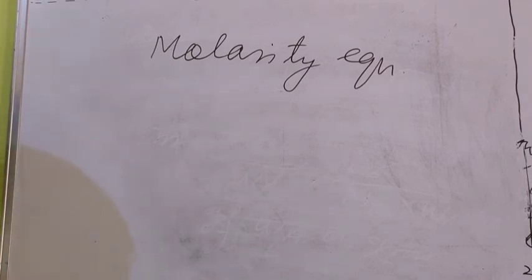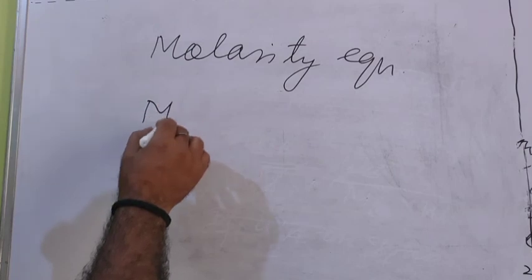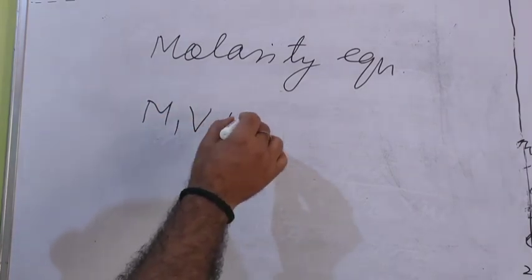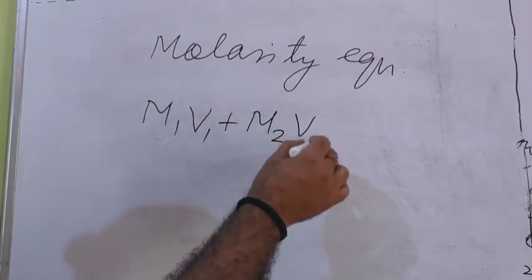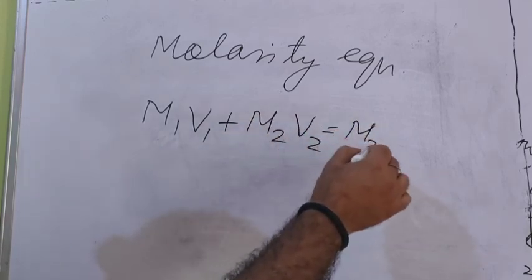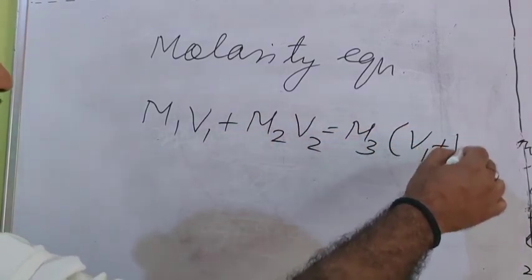If we take a solution of molarity M1 and volume V1, and it is diluted to V2 with molarity M2, then the resultant molarity M3 of that solution is calculated as M1 V1 plus M2 V2 equals M3 times (V1 plus V2).